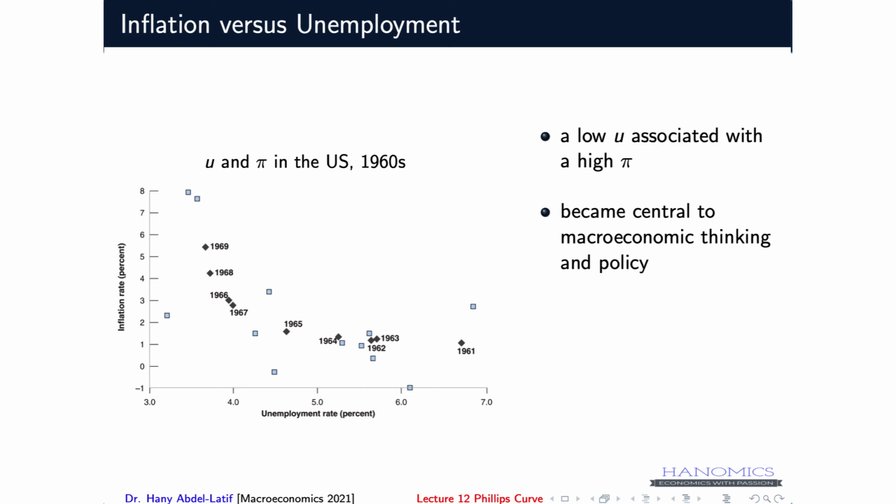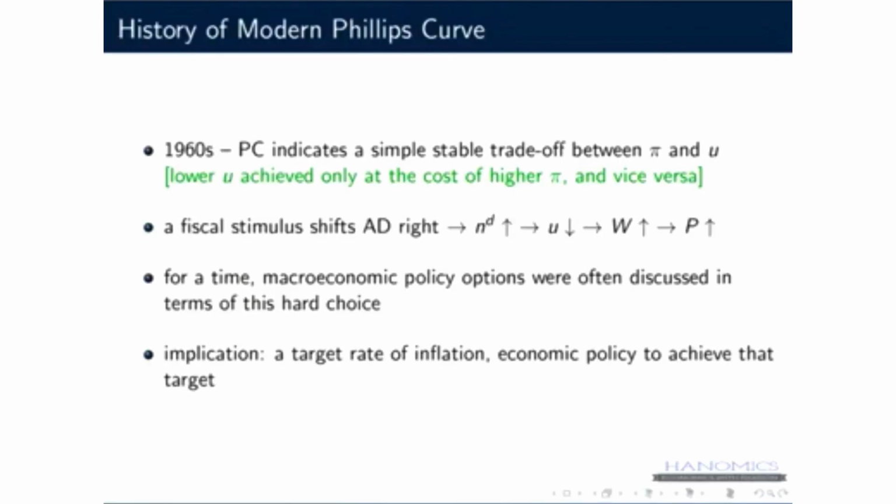Later on, the Phillips curve concept was augmented, or modified, by including expectations and also accounting for supply shocks, and the events of the 1970s show how important these shocks are in determining the inflation rate.